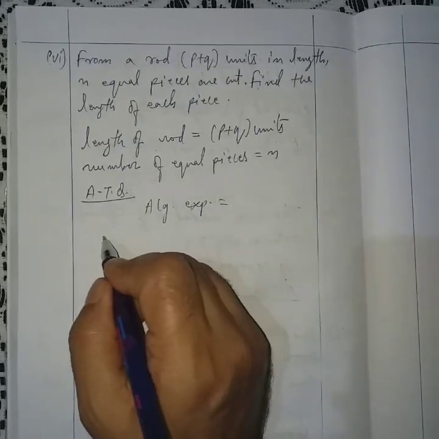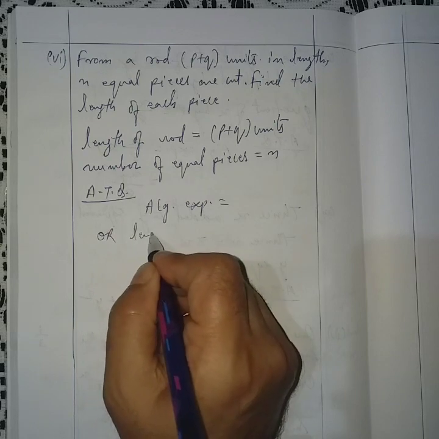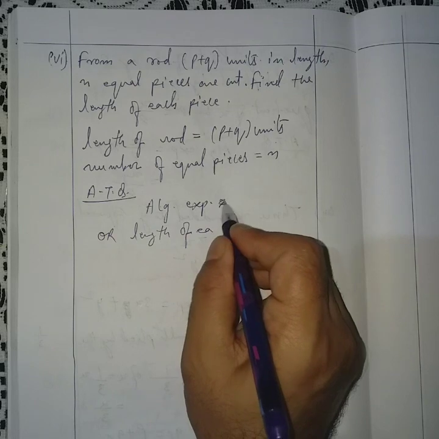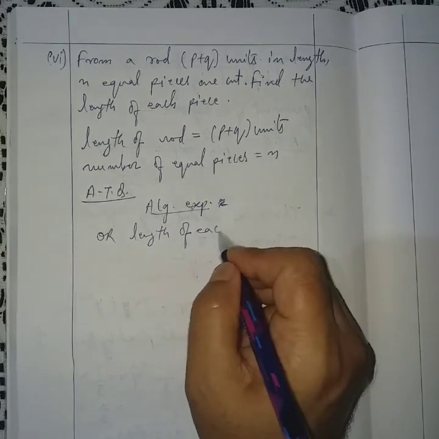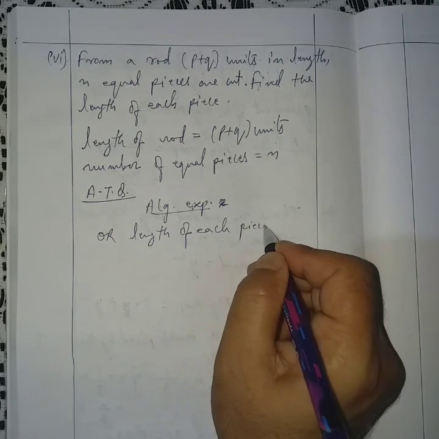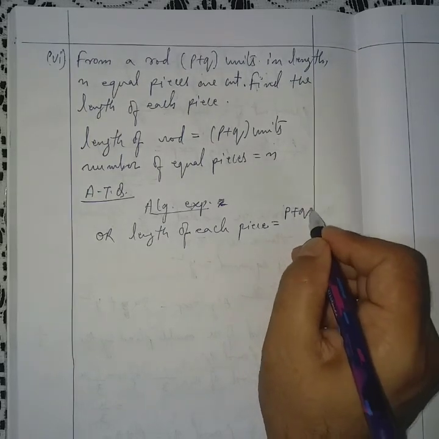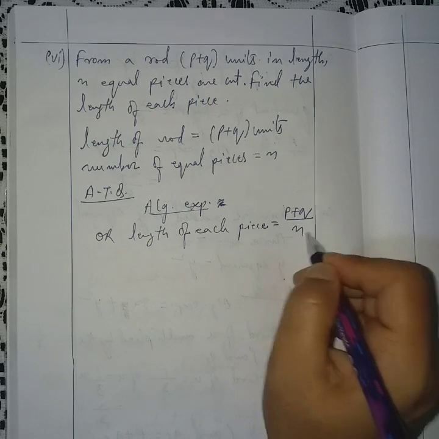So the length of each piece will be equal to p plus q divided by n.